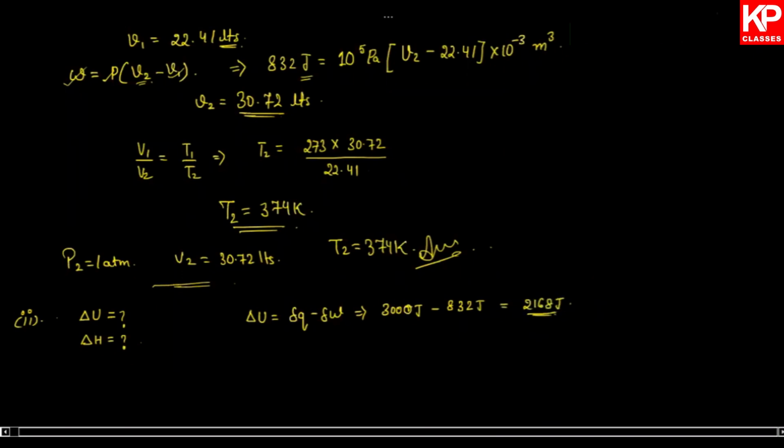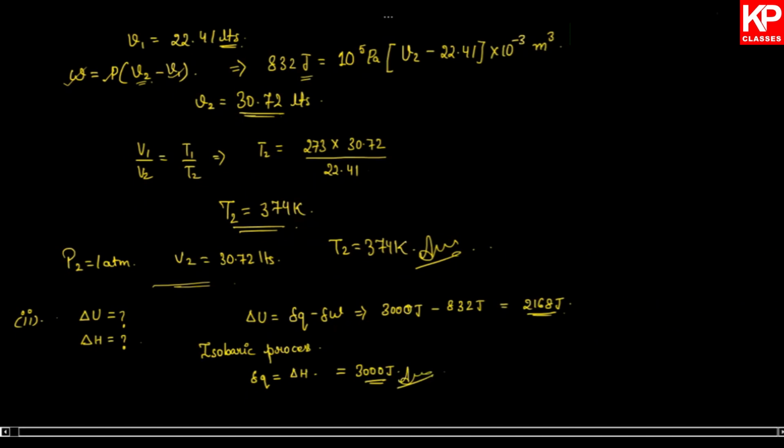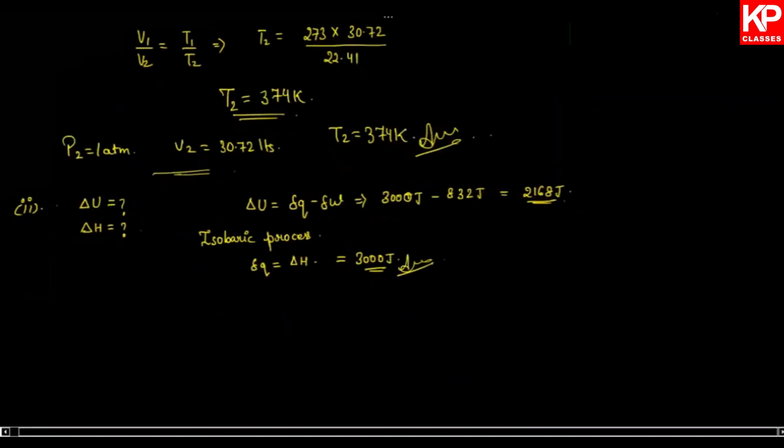Similarly, the system is an isobaric process, that is at constant pressure. For constant pressure, del Q is nothing but equal to delta H. So it will be equal to 3000 joules, right? Exactly.